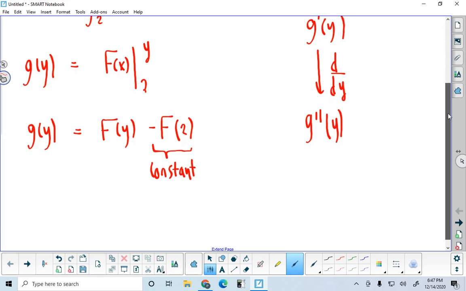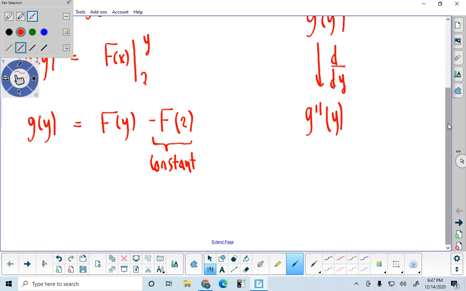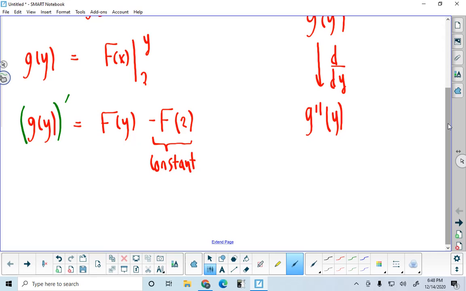So now I'm ready to determine the derivative g prime of y. But I'm going to add something here that's really not necessary in this step, but it will be in the next step. Rather than me just throwing a prime on top of this, which is not a very informative piece of information, I'm going to say that I'm going to differentiate that with respect to y.